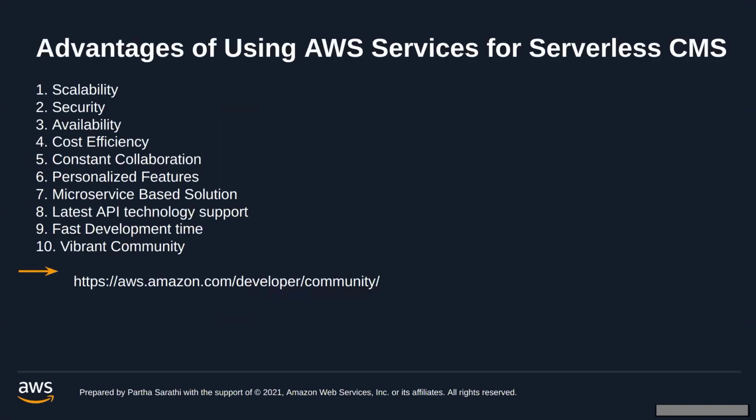Now, I was talking about all the AWS services, but I haven't given an overview of how serverless CMS can be helpful. Serverless CMS can be very helpful in terms of scalability, security, availability, cost efficiency, constant collaboration with your team members, and personalized features like any specific or advanced feature for your application.